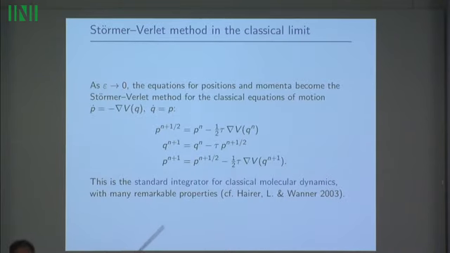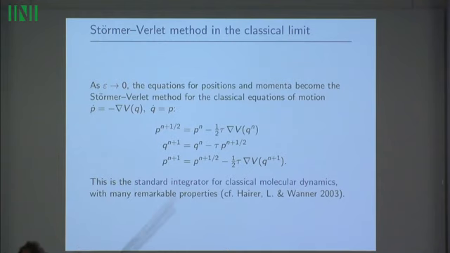Now let's look at what happens in the limit epsilon going to 0. In the limit epsilon going to 0, you average over the needle. So it's just a point evaluation. And then the algorithm that I gave you for the positions Q and P just reduces to the classical Störmer-Verlet integrator, which is the standard integrator for classical molecular dynamics, and which is the prototypical example of geometric numerical integration.